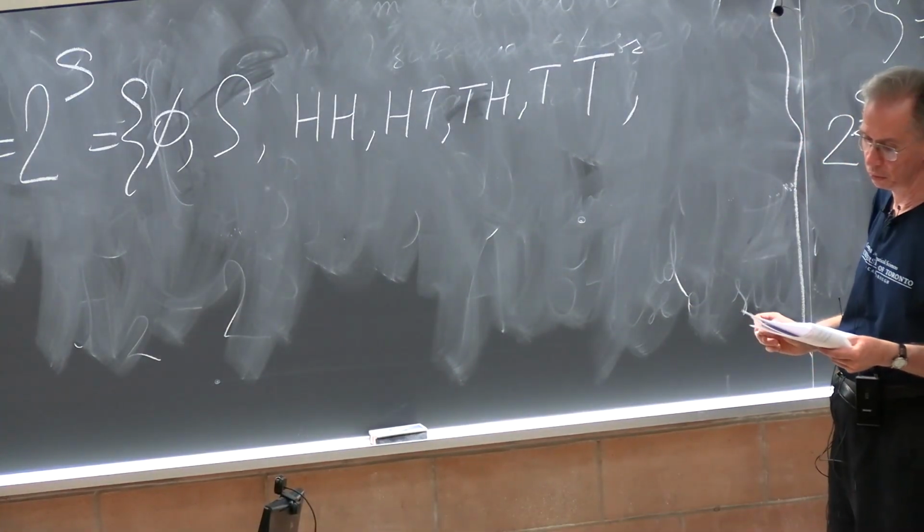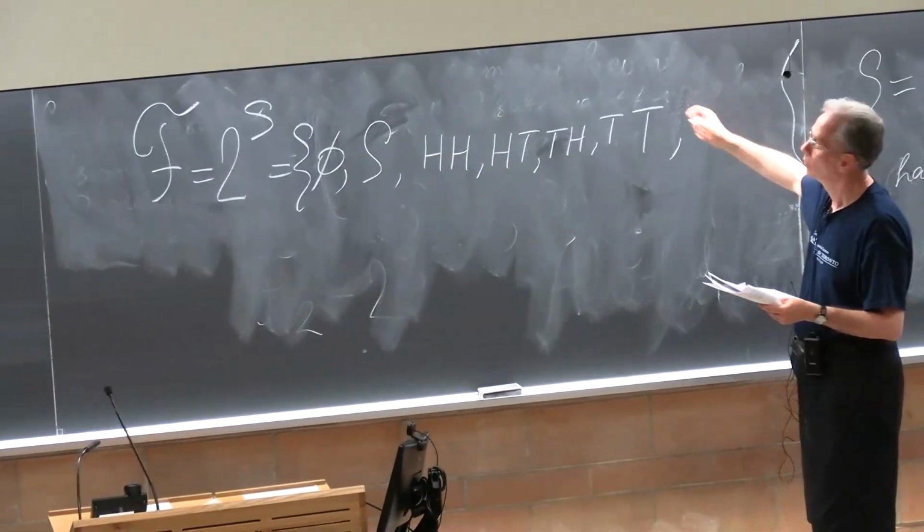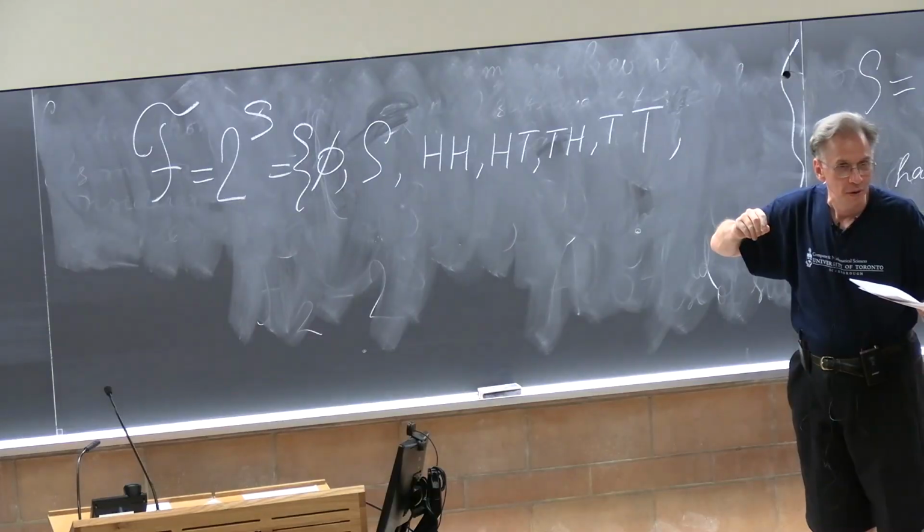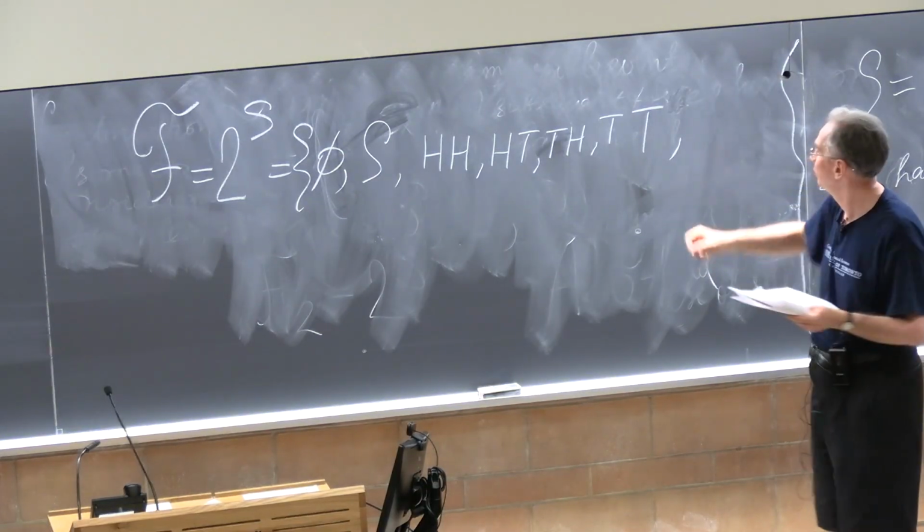What else should we include? All pairs of elementary outcomes, yeah?